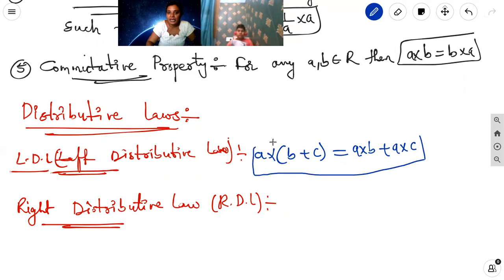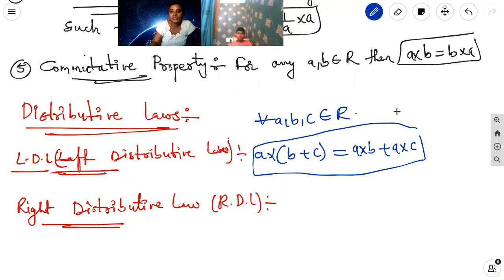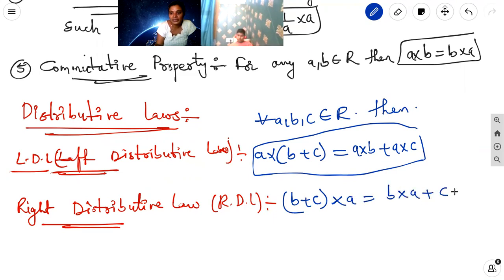That is the left distributive law. For any a, b, c belonging to the set, the right distributive law means (b plus c) into a equals b into a plus c into a. These are the basic properties.